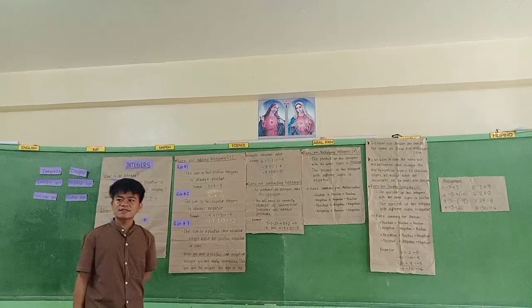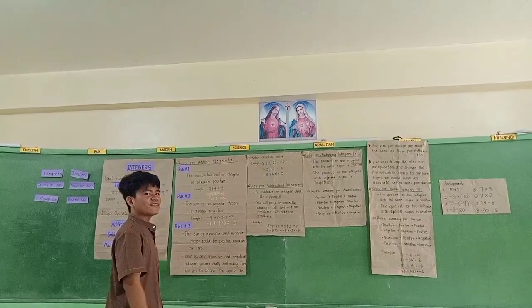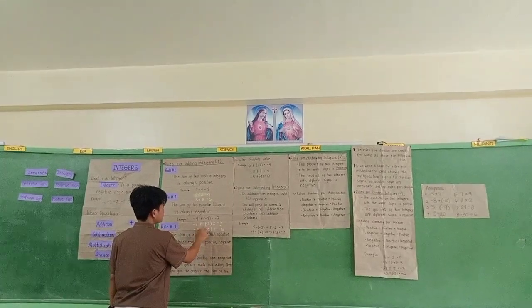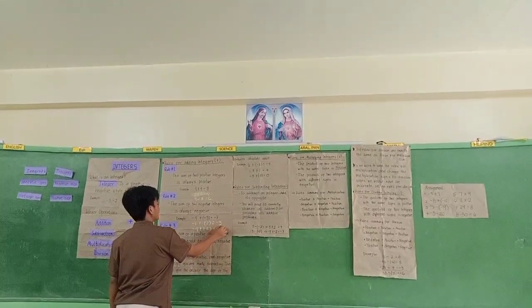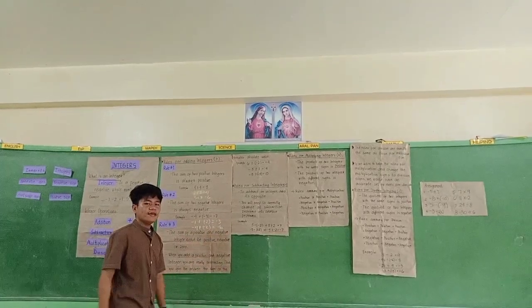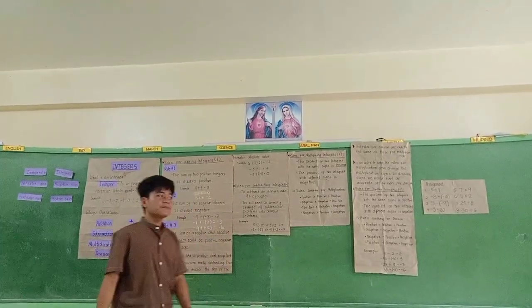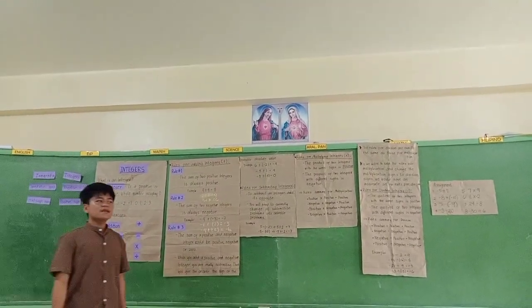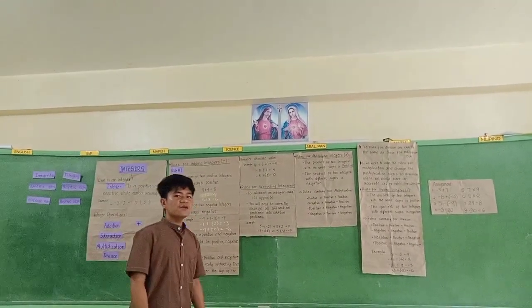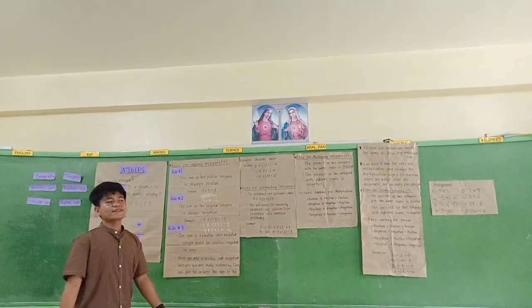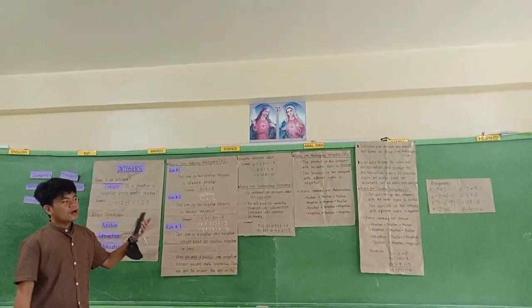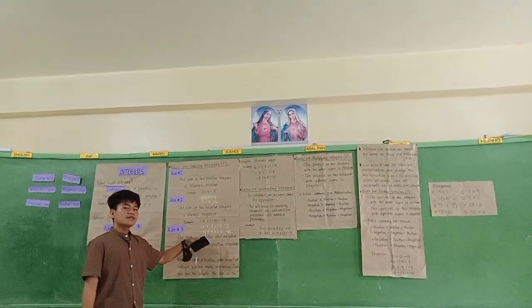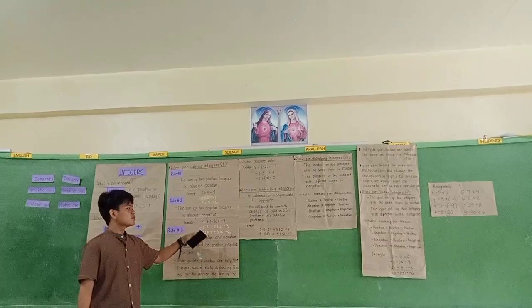Okay, next. Negative 4 plus negative 2 equals negative 6. Can someone give me an example about rule number 2? Okay, very good. Negative 10 plus negative 1 equals negative 11. Always remember that if the addends are both negative, in the rule of addition, the sum will always be negative.